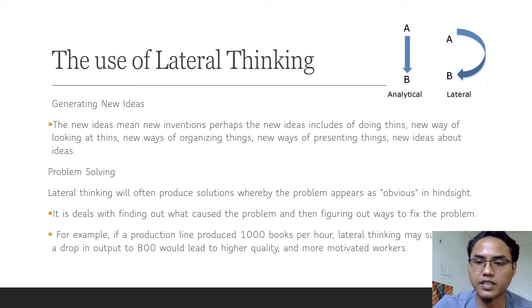So to solve the problem, lateral thinking will often produce solutions whereby a problem appears as obvious in hindsight. So it is still finding out what caused the problem, then figuring out the ways to fix the problem.